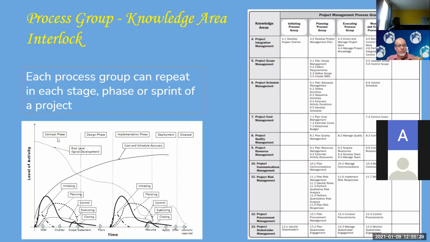Someone might decide to do it in 20 sprints. It doesn't matter, right? What matters is, are you experienced and a good thinker to figure out what works best for the nature of your project? There's not a book that's going to tell you this is how you do it. There's a book that tells you how to do it generally speaking, at a generic level, but every project is different.